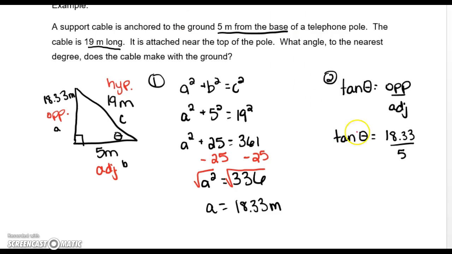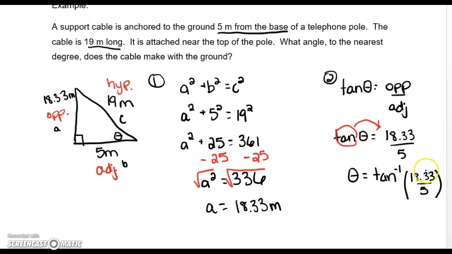And to get rid of tan, we're going to move it to the other side and take the tan inverse. So theta is equal to tan inverse, which you write as tan to the exponent of -1, and it goes for this whole fraction here. So we want to make sure we put this in brackets. So it's 18.33 divided by 5.